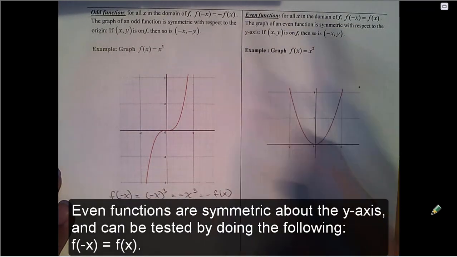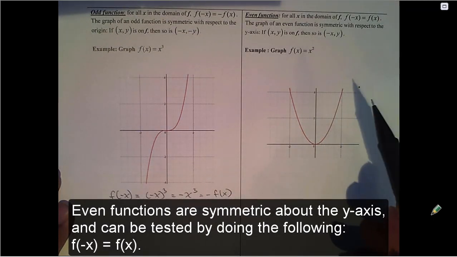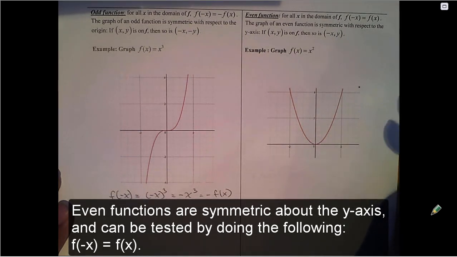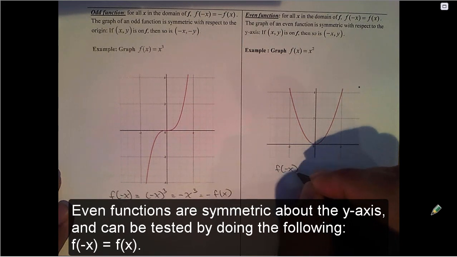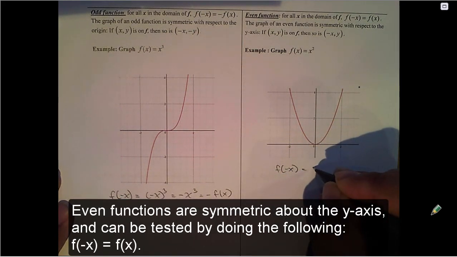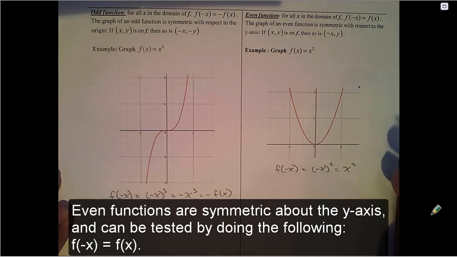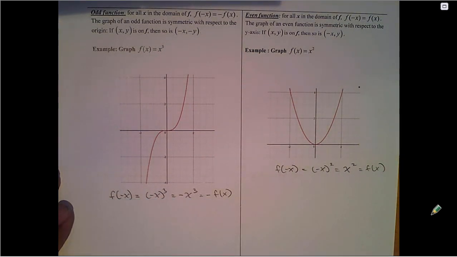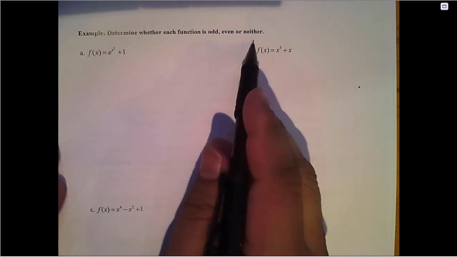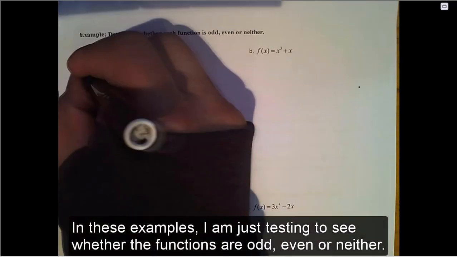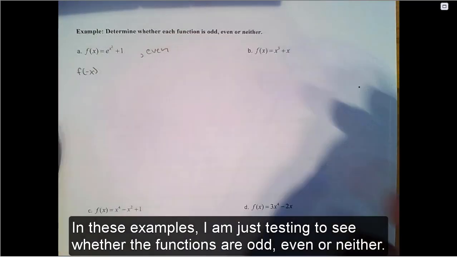Even functions are symmetric about the y-axis and can be tested by doing the following: f of negative x being equal to f of x. In these examples, I am just testing to see whether the functions are odd, even, or neither.